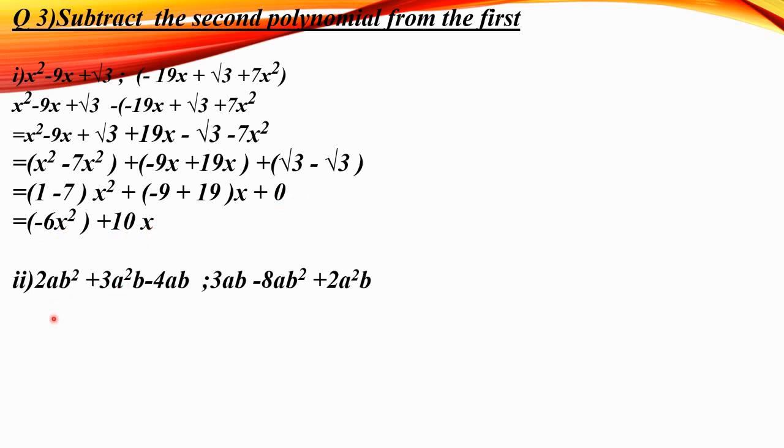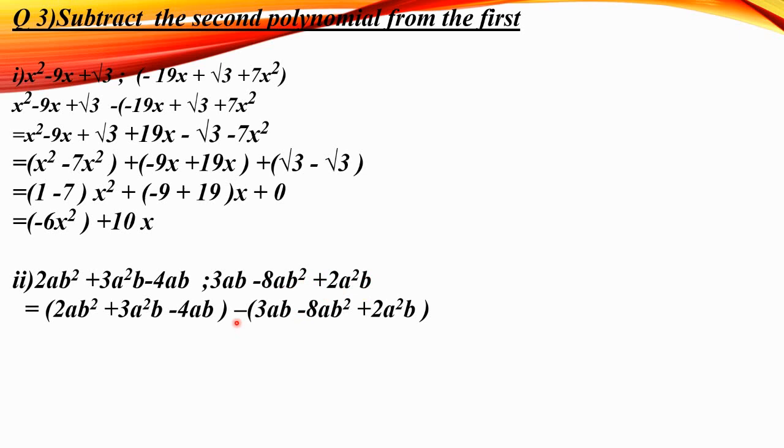Second question, 2ab square plus 3a square b minus 4ab, and the second polynomial is 3ab minus 8ab square plus 2a square b. Writing the question once again with the minus sign in between the brackets, we get 2ab square plus 3a square b minus 4ab minus 3ab minus 8ab square plus 2a square b.